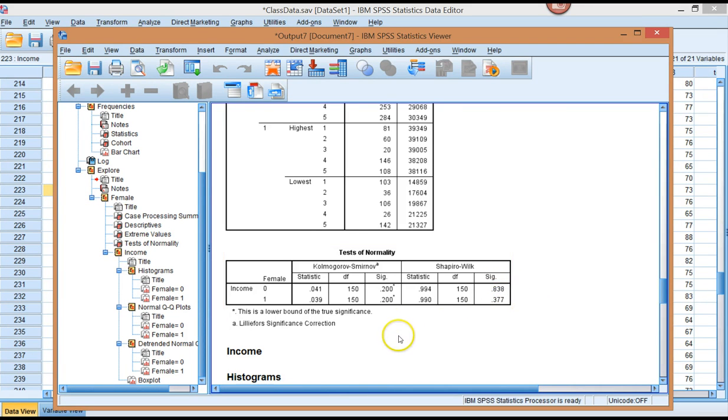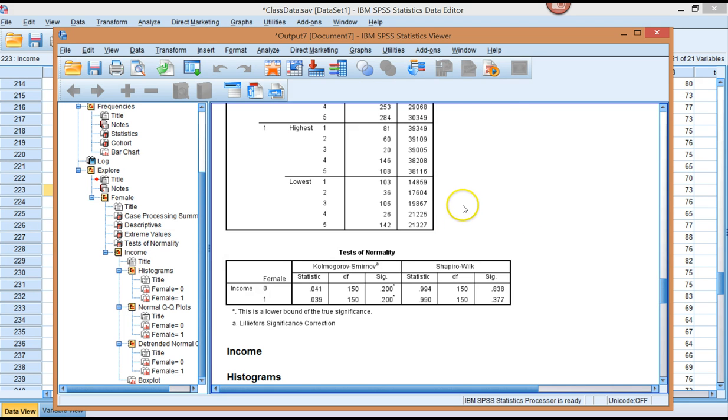So what we're looking for here are values that are greater than 0.05, if we're looking at an alpha of 0.05, meaning that we're willing to be wrong 5% of the time. So if we had a value here in the sig column less than 0.05, that would signal to us that perhaps our sample is not normally distributed.